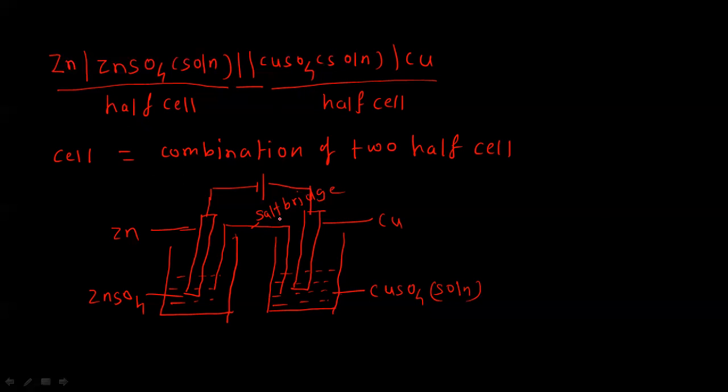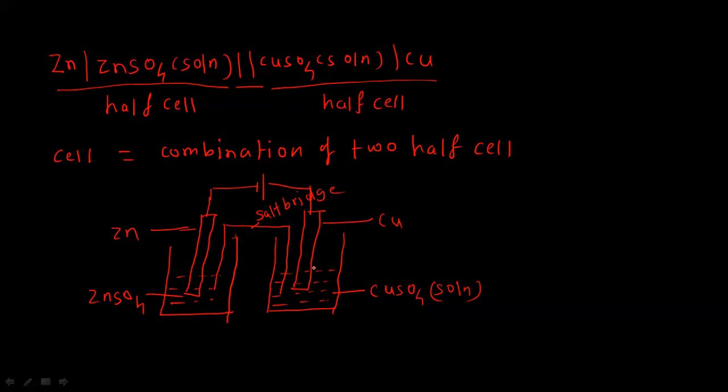Now, in this Daniell cell, chemical reactions take place at these two electrodes. Due to the chemical reactions, electrons are liberated at the left hand side electrode, and electrons are added at the right hand side electrode.